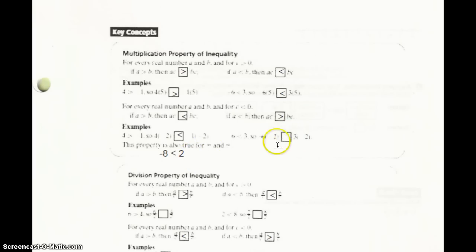And then if we come over to this next example, we have that negative 6 is less than 3. So, if we multiply both sides by negative 2, we're going to get negative 6 times negative 2, which is 12. And then we have 3 times negative 2, which is going to be negative 6.